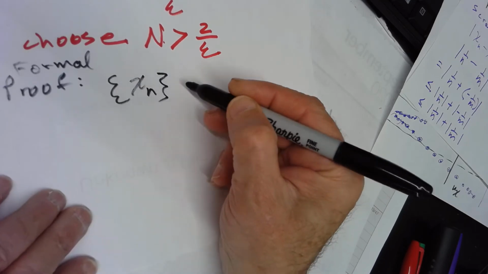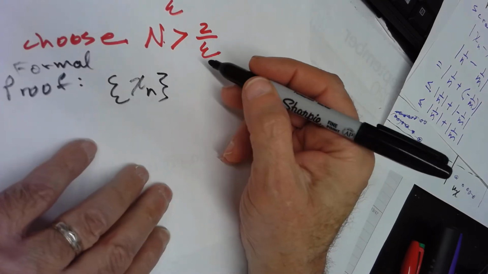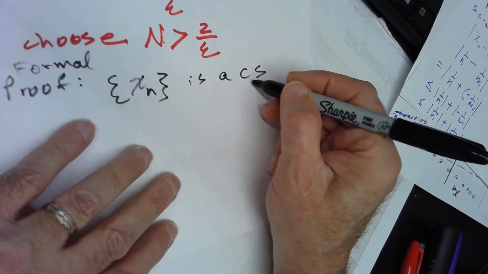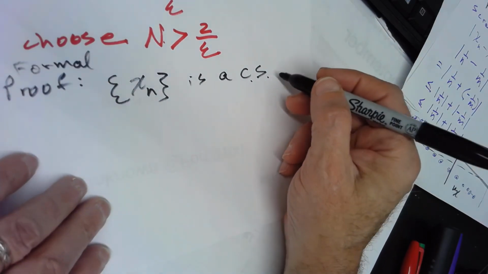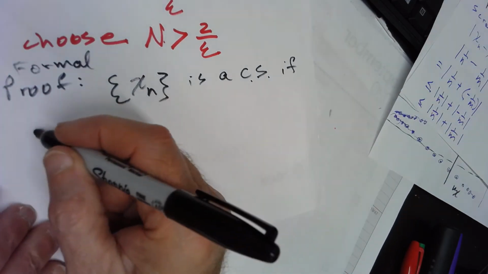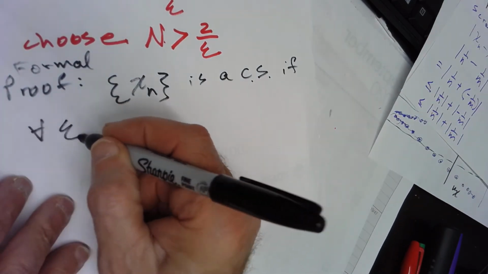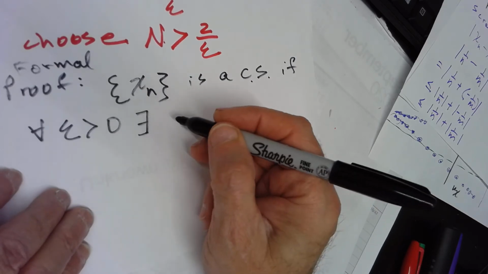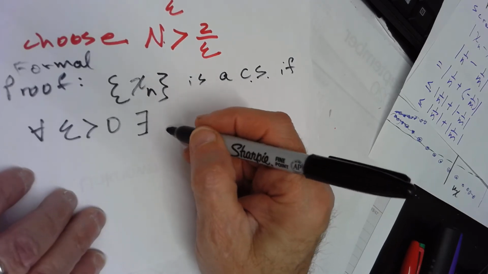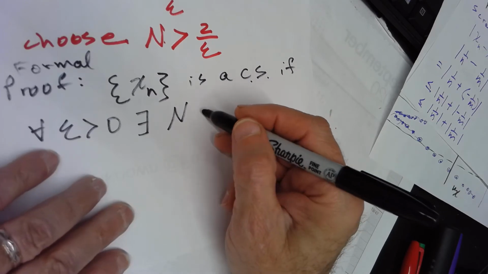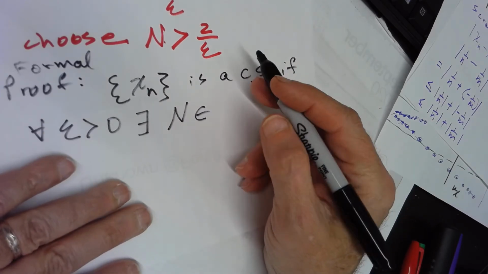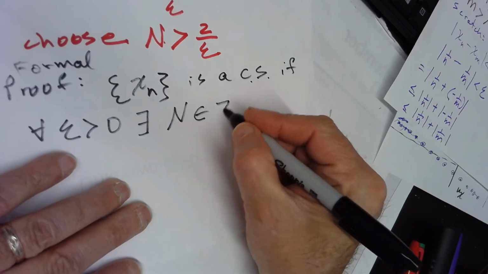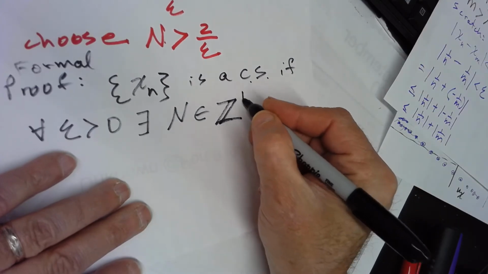We have a sequence x sub n is a Cauchy sequence if for all epsilon greater than 0 there exists an uppercase N that is part of our positive integers.